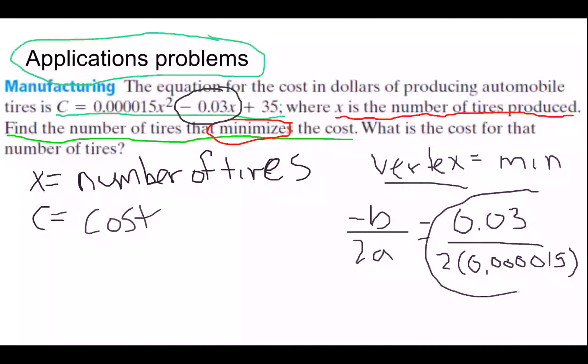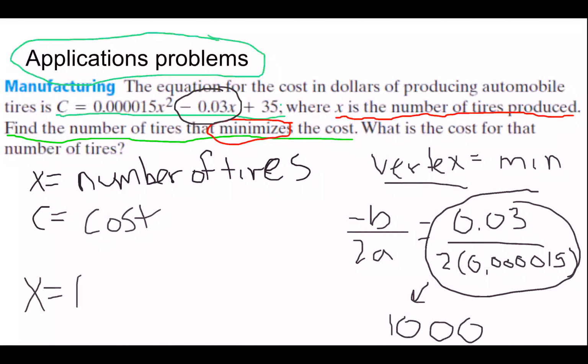When I punch this in on my calculator, I find that it is equal to 1,000. So my x is equal to 1,000, or I should produce 1,000 tires to minimize the cost.